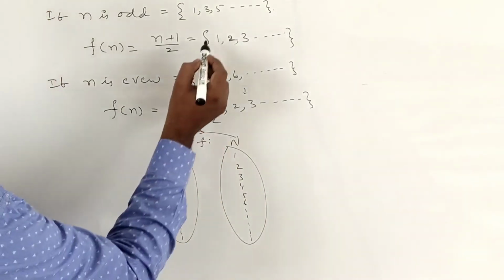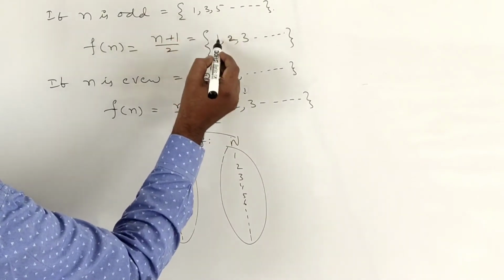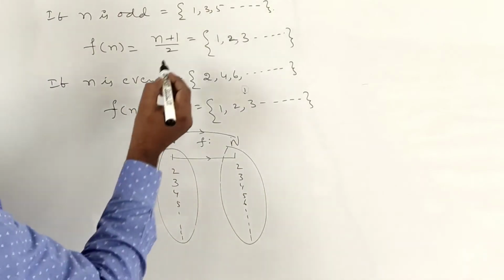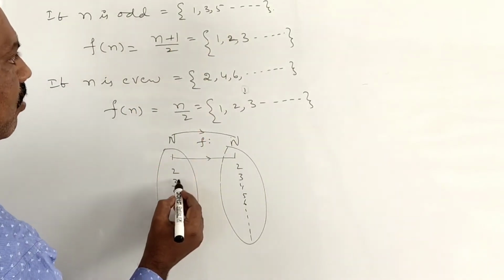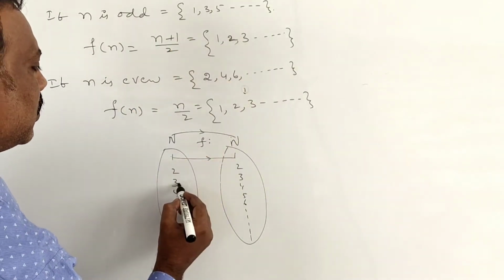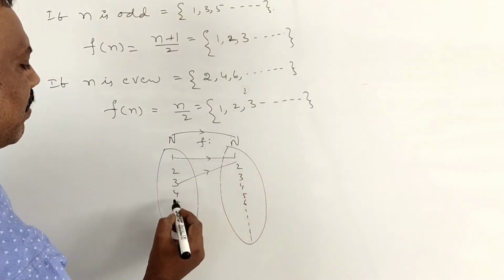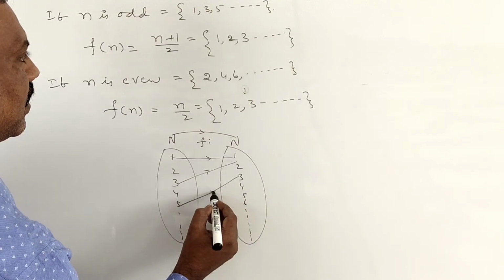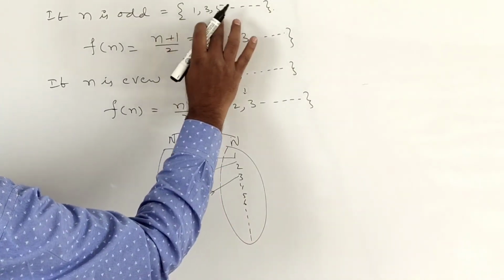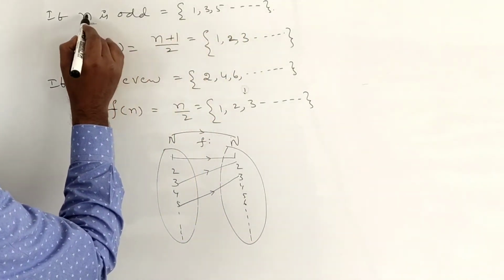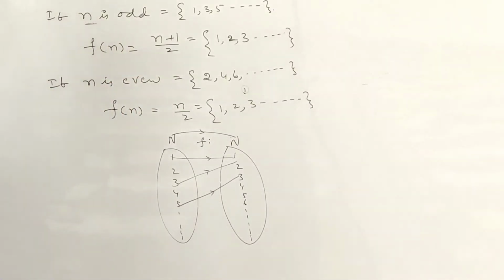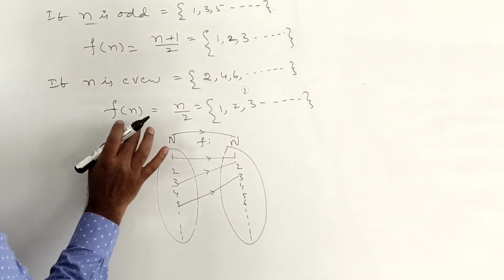Now you give input 1, output is 1. Input 3, output is 2. Input 5, output is 3. Correct, students? These are inputs, n values, nothing but x values. These are f of n values, outputs.